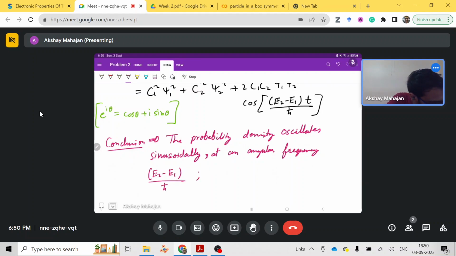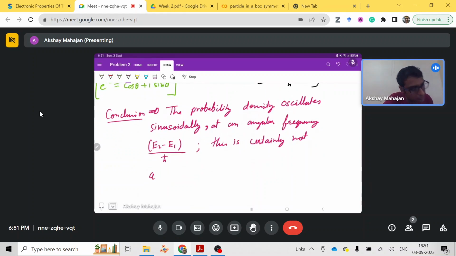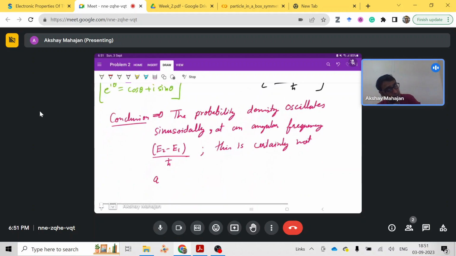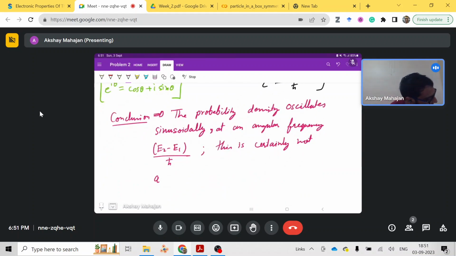Now this is certainly not a stationary state. It is changing with time, so the probability density is changing with time. So this psi of x comma t is not a stationary state, and the probability distribution oscillates sinusoidally.